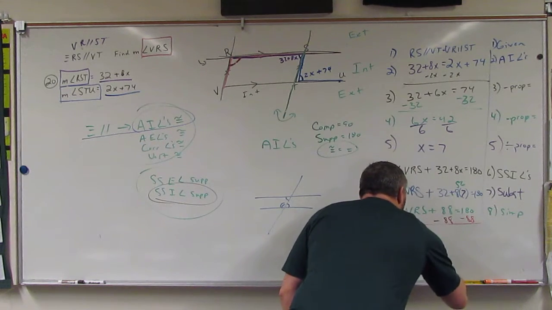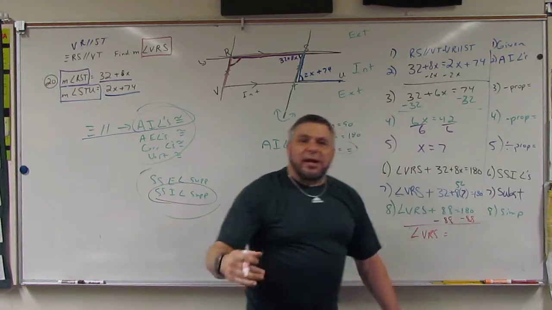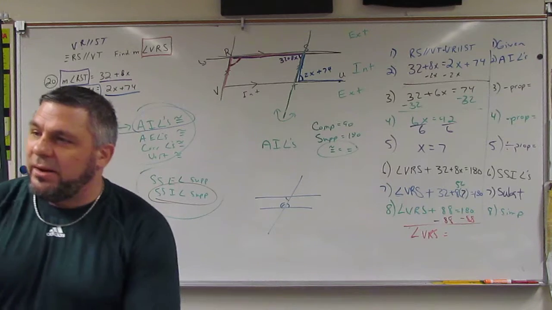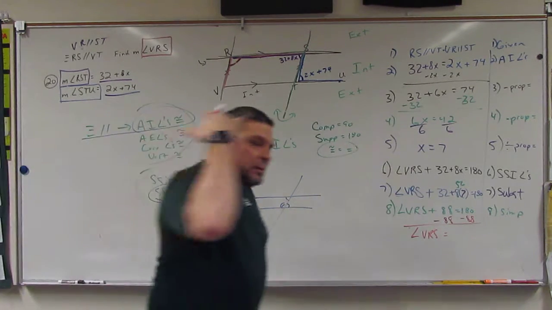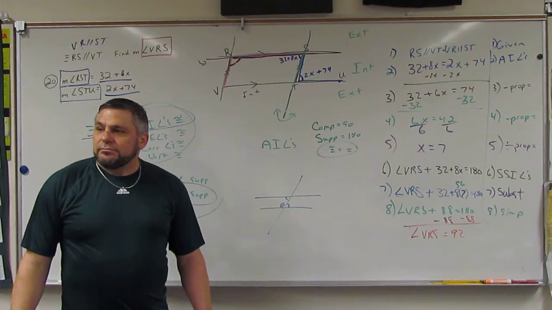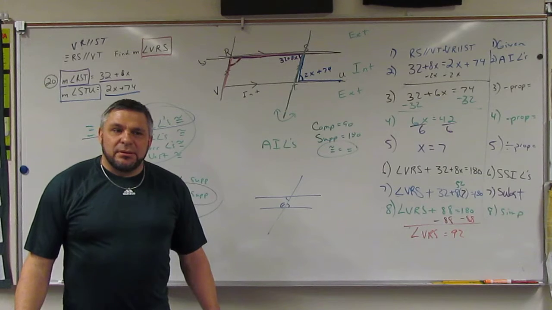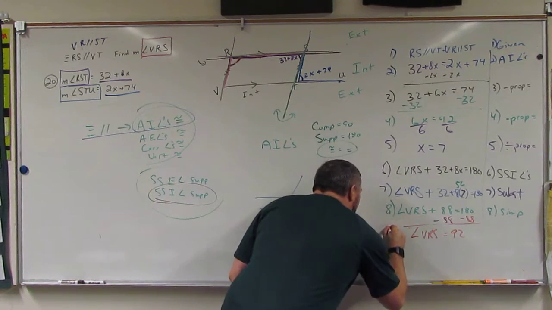So you get the angle BRS is equal to 180 minus 88. How much is that? Well, 180 minus 80 is 100, right? 100 minus 8 is 92. Okay? Does that make sense? So it's 92. But why?